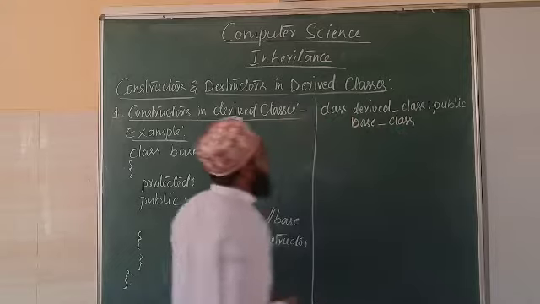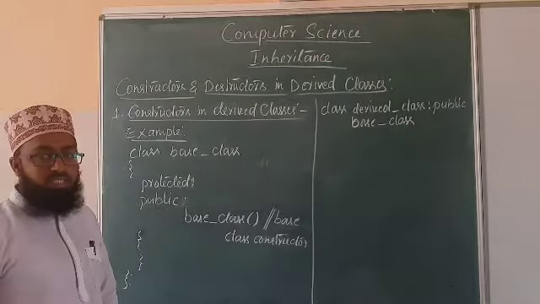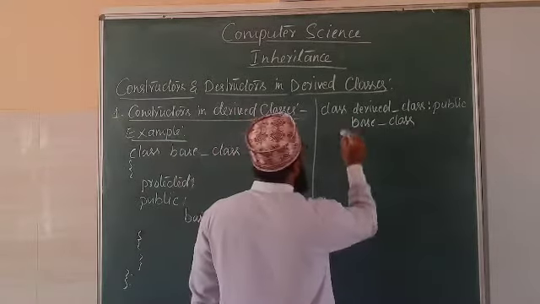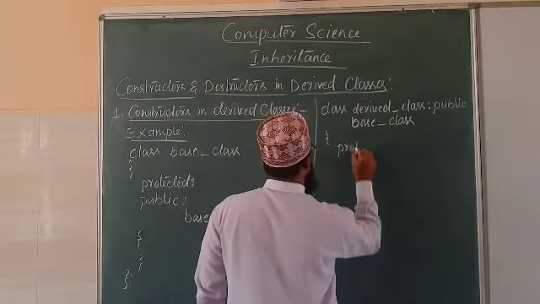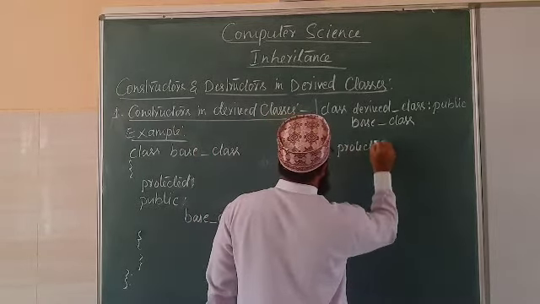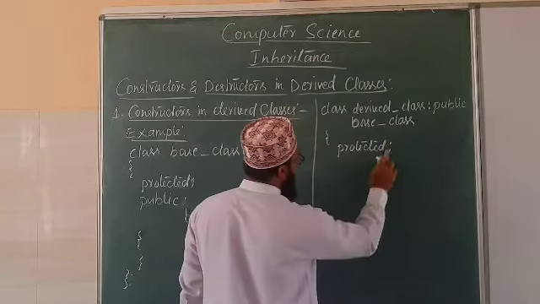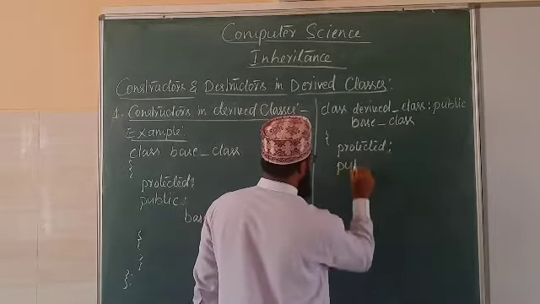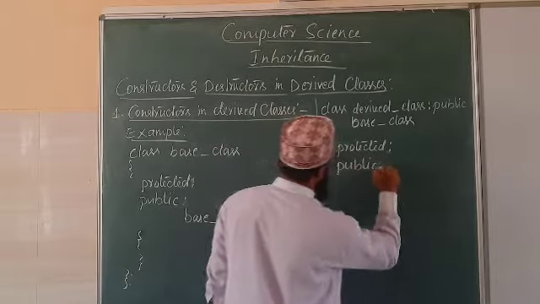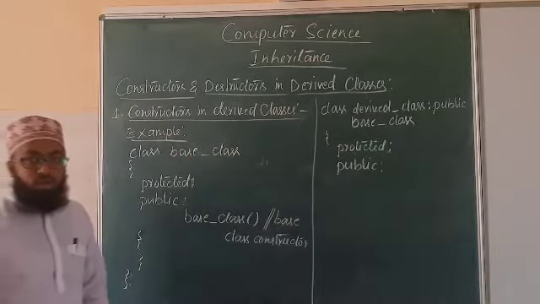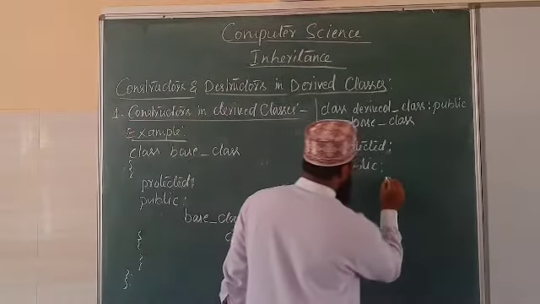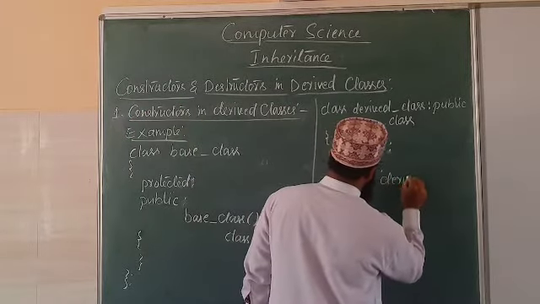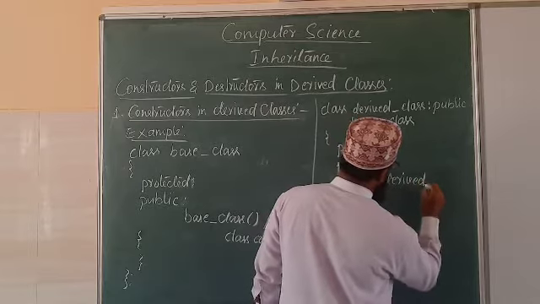The same way we have done. After this, open this derived class. Then take protected. It does not contain anything. And after that, take public. In public we have to declare a derived class constructor. Just give derived class.